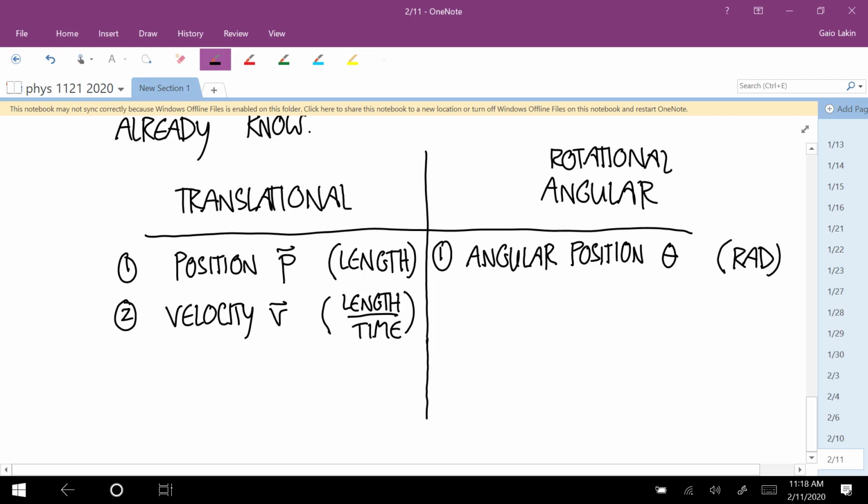And the relationship between velocity and position is that the velocity vector as a function of time is the time derivative of the position vector as a function of time. You can think of that as the definition of the velocity.